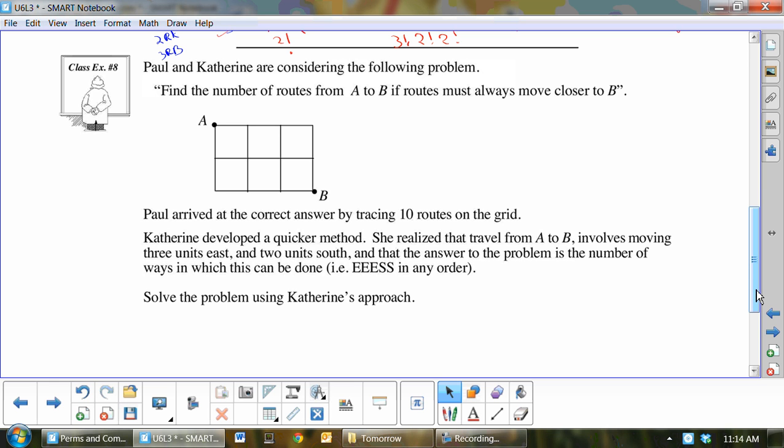Now here's another one. We used to have to do a lot of these in 30 Pure, and I think they've taken these out. How many ways can you move from A to B, and you must move closer to B every time? Essentially this is like a repeat question.